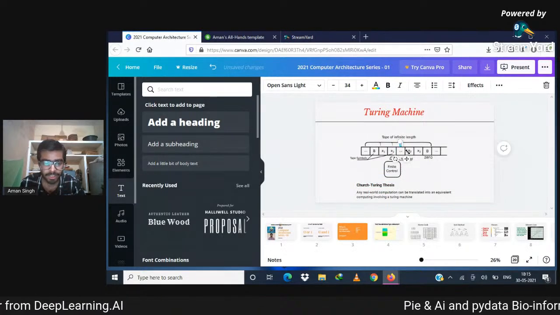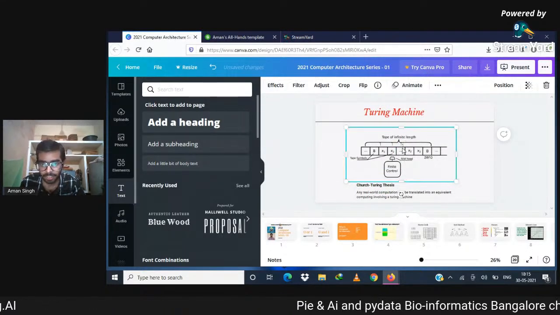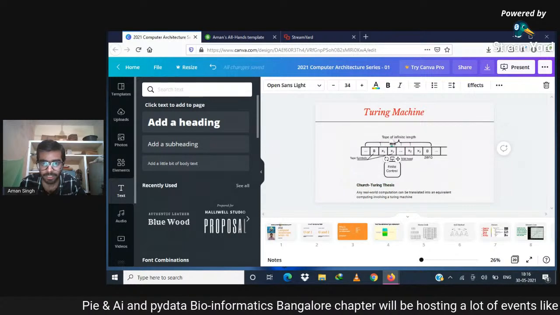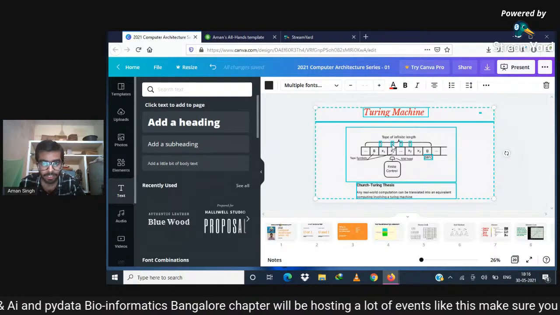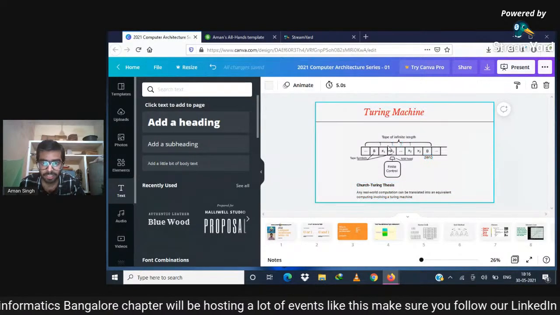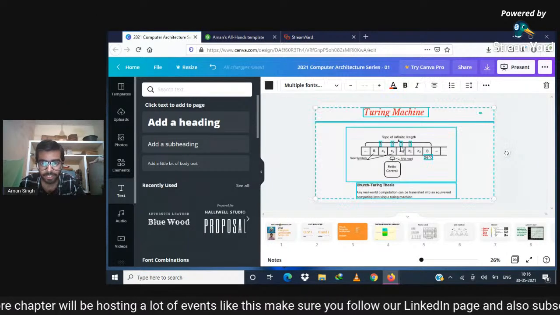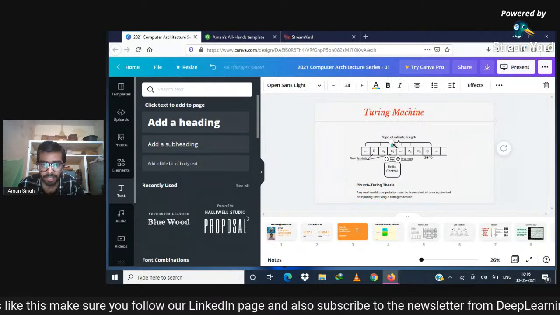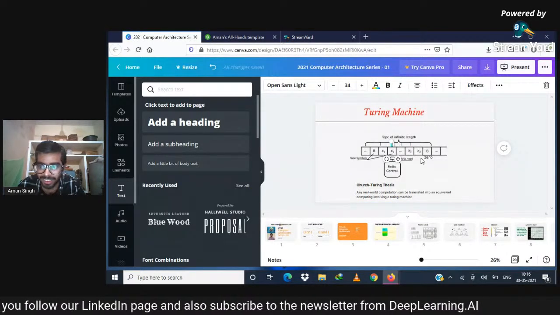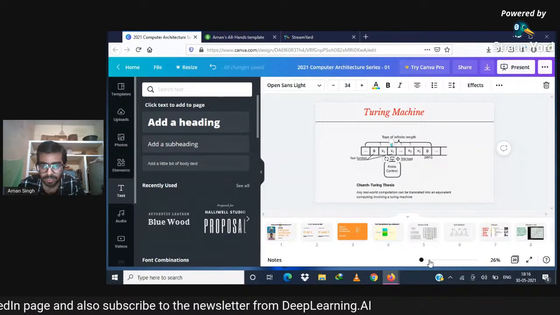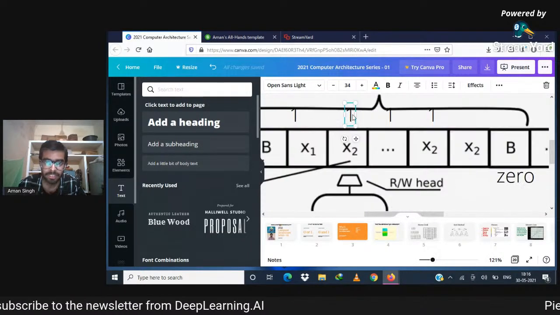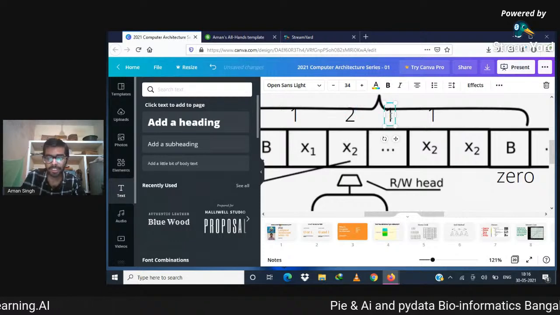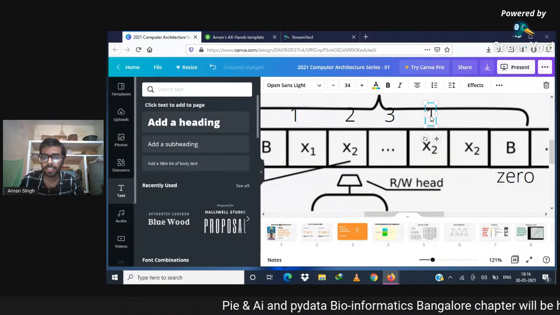I changed this to 2, then this to 3, then this to 4.